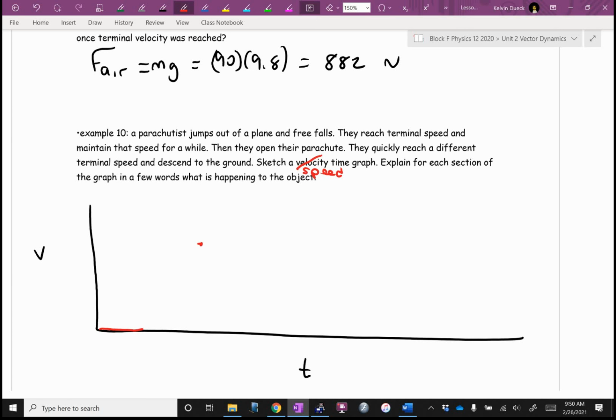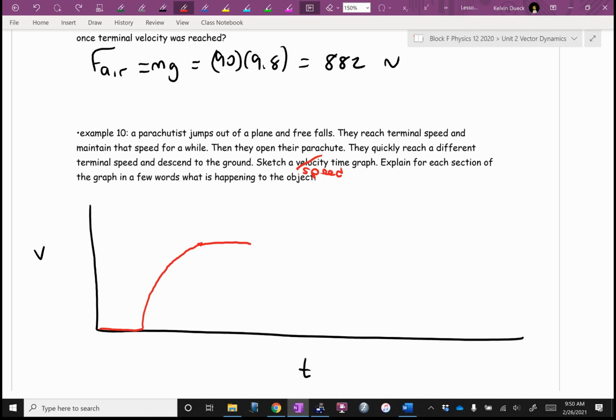But then as air resistance kicks in, 9.7, 9.6, 9.5, 9.1. So I think right when I jump out, my speed increase is at its maximum, but my speed increases slower and slower until that's when I hit terminal velocity. You don't need to put the X there. I'm just showing you. I think that's what it would look like. I speed up at my fastest initially, but I'm not speeding up as fast, and so it would start to level off. Does that make sense?